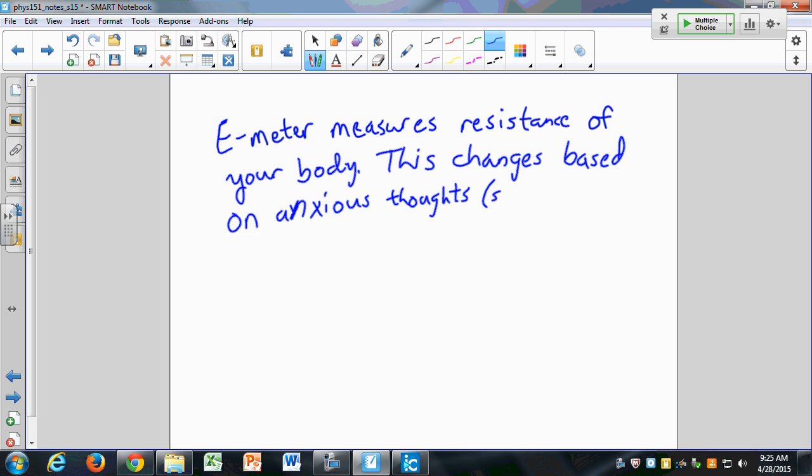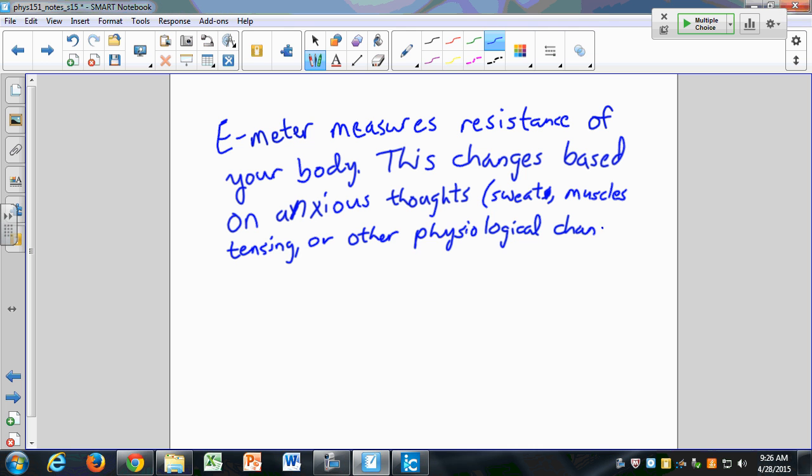Very minute things like sweat on your palms, but also other things like muscles tensing or just a physiological change in your body. So sweat on your palms, muscles tensing, or other physiological changes. All right, so that's the E meter, and it can sense these changes when you wouldn't otherwise sense them.